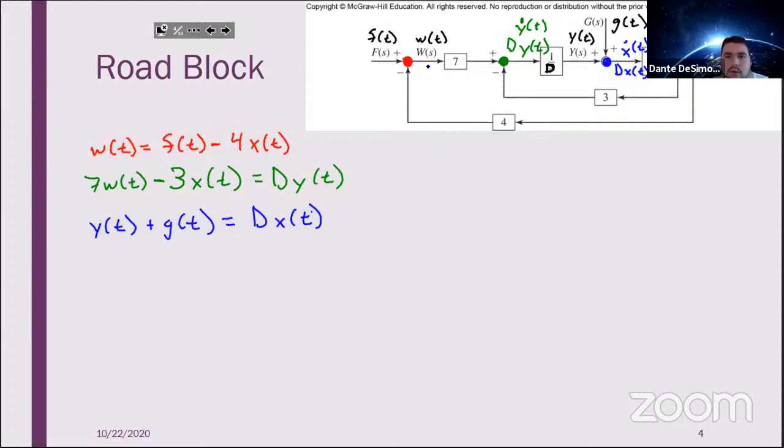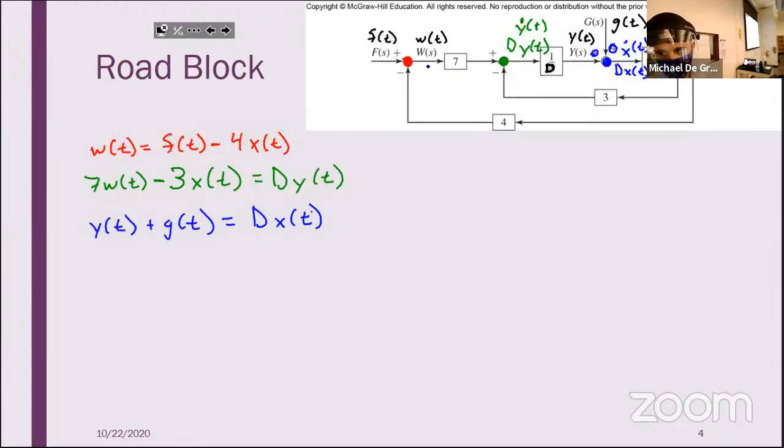And for the g of t, how would we know to make that a plus? Like, why is that also a plus? Because if you look at the blue summing junction, there's positive signs on both of the things going in there. So if you had the equation, how would you know?